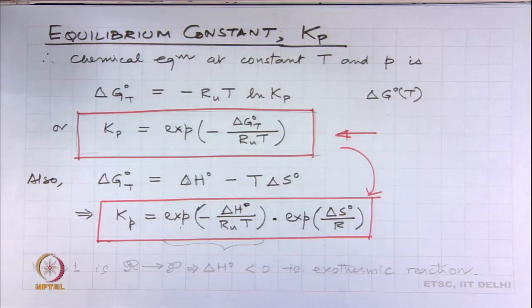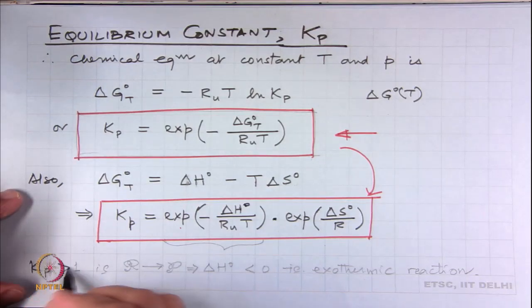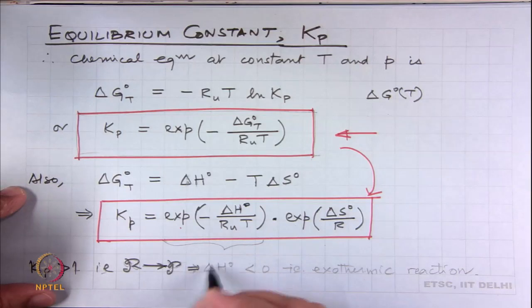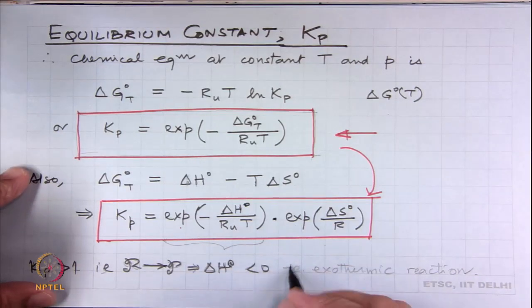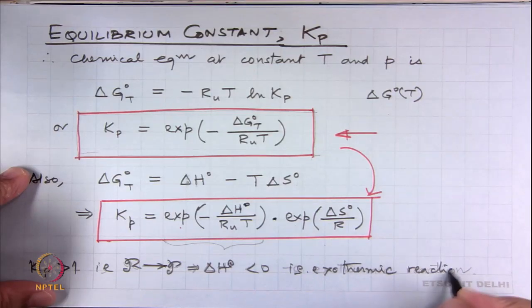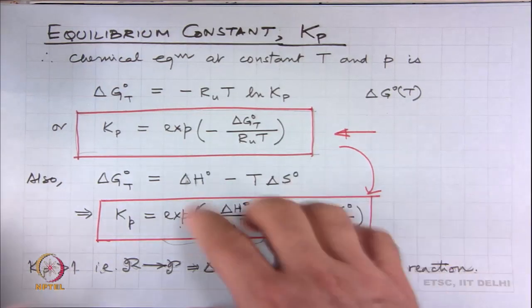So, what it tells us is that if K p is greater than 1, that means reactants are headed towards becoming products. This implies that delta H 0 is less than 0, which means that the reaction is exothermic. So, this is the type of implications that we can see from this expression.